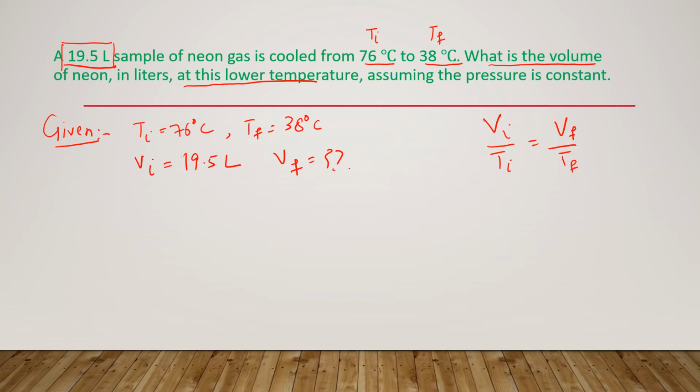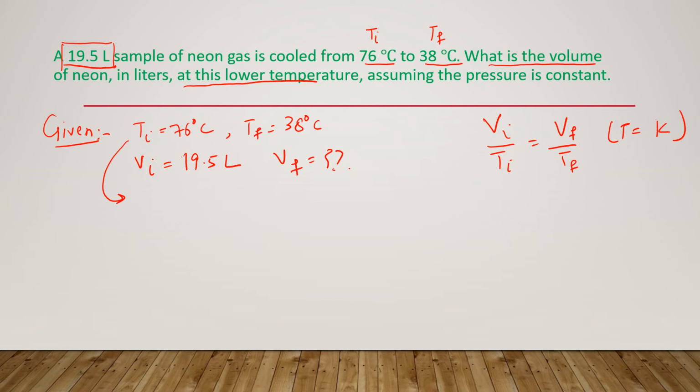Before we plug in the values, we must convert temperature into the Kelvin scale. But our temperature is not given in Kelvin, it is given in degrees Celsius. So let's convert temperature to the Kelvin scale.